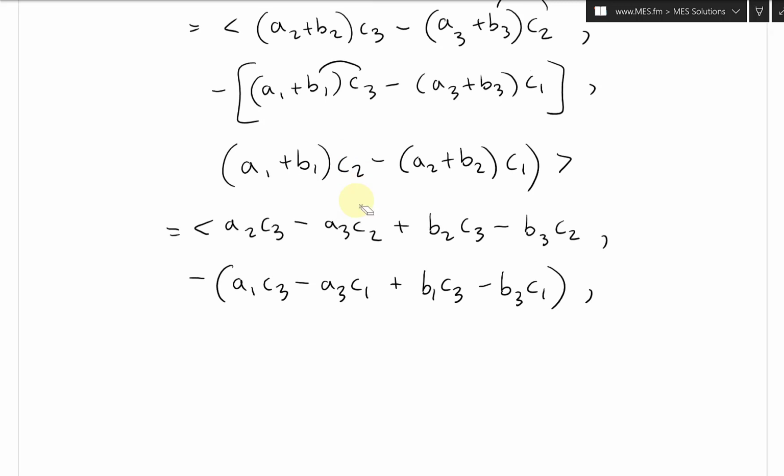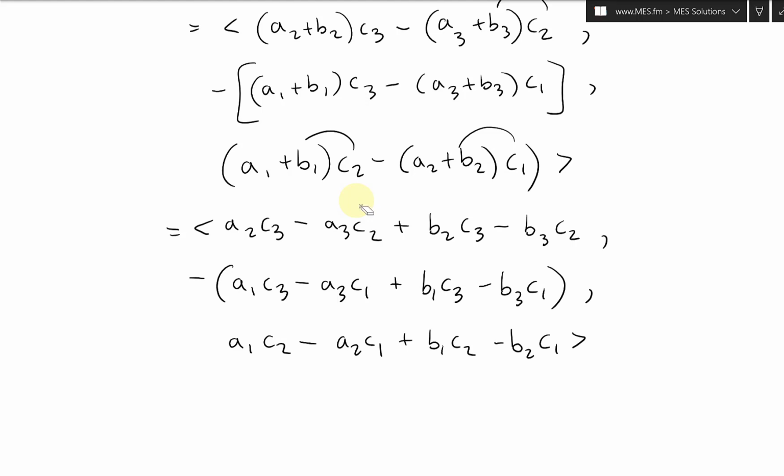All right, now we are powering through it pretty efficiently. Next one is C2A1, C1A2. So we'll get A1 C2, and then minus A2 C1. We'll go C2 B1, and then plus B1 C2, and then minus B2 C1. Close it like that.